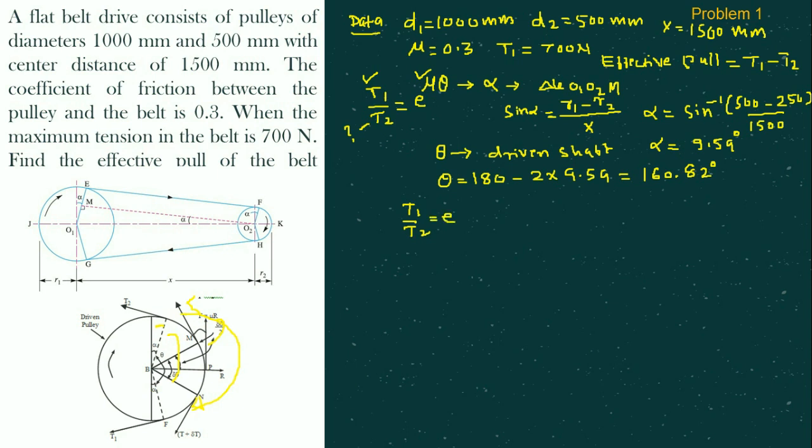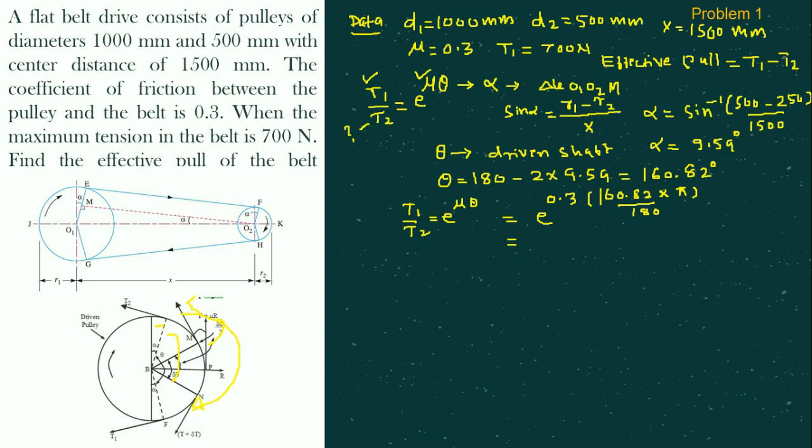Now all the values related to the formula T1 by T2 is equal to e raised to mu theta are known to us. So now we have to calculate the values. This is equal to e raised to mu, which we know is 0.3, times 160.82, which should be written in terms of radians. For that, we have to multiply 160.82 by pi divided by 180, since pi is equal to 180 degrees.